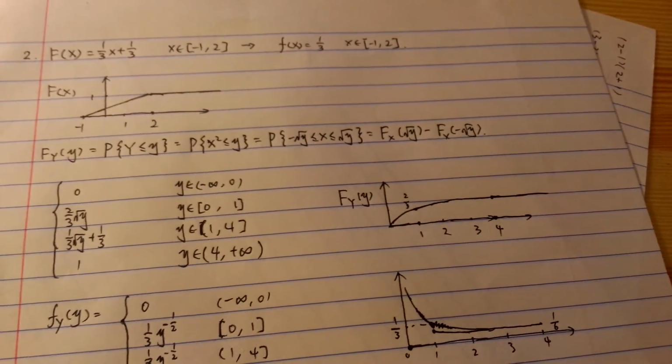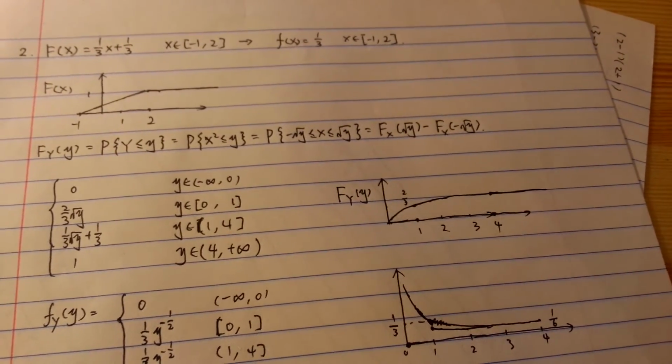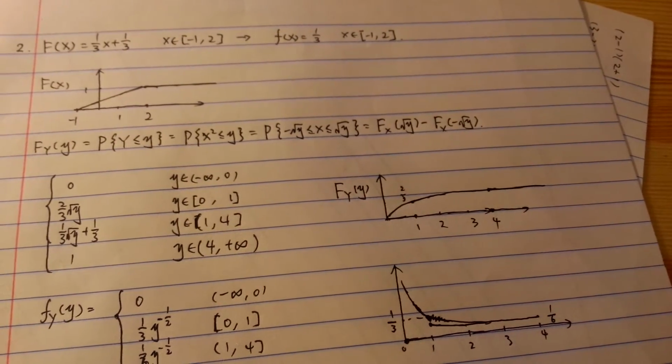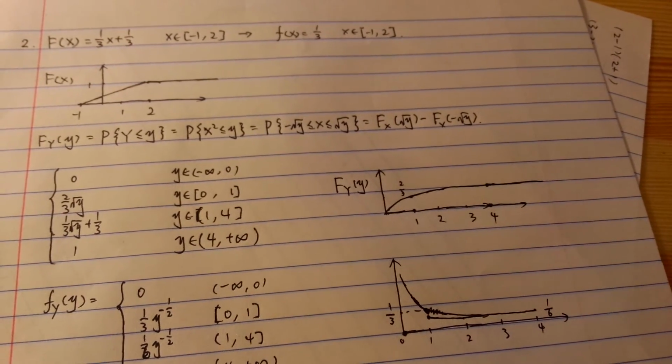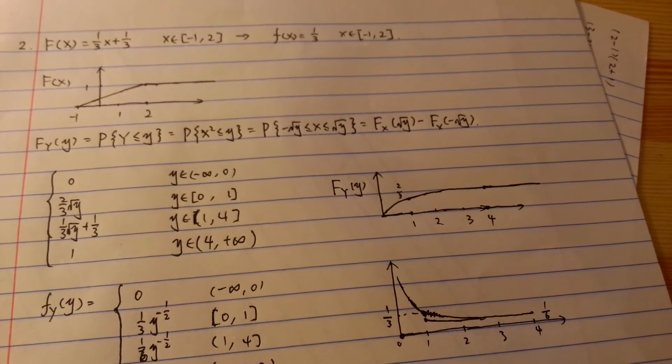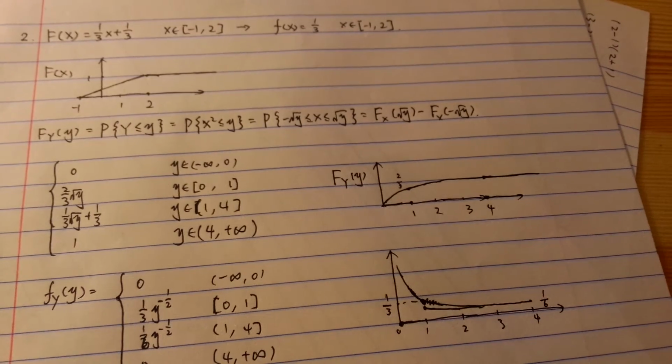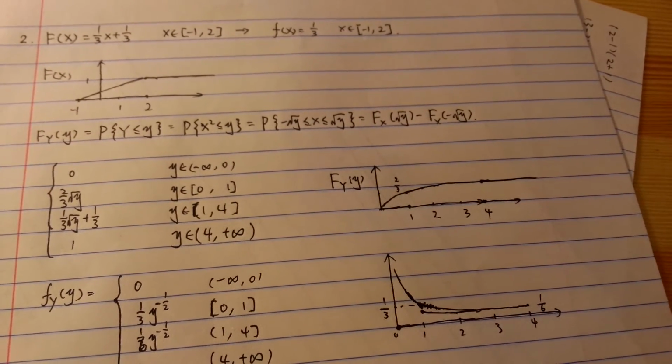Then we calculate the capital F of y. It is equal to the probability that Y is smaller than y, which is equal to the probability that X squared is smaller than y.